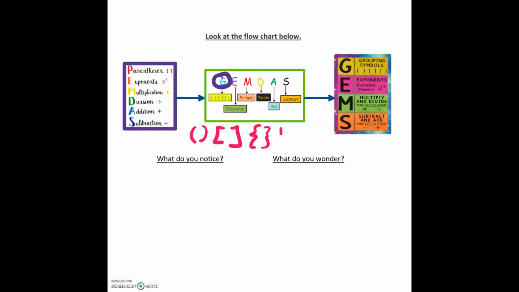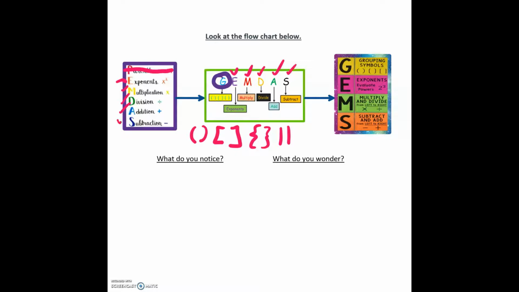We can even put in there our absolute value symbols. That's why we don't use P anymore. And then you see in here that there's exponents in both PEMDAS and GEMDAS. Multiplication's the same. And then division. And then addition.